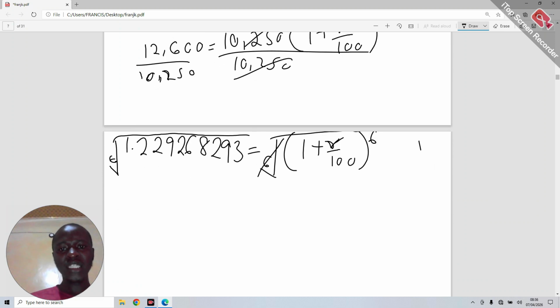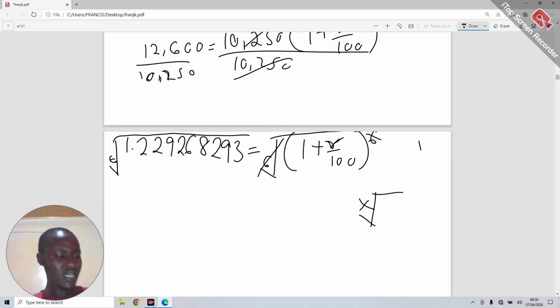Remember, this sixth root will go away with the power 6. Alright, guys. So how do I press that sixth root in my calculator? You press 6, shift, then there's this symbol in your calculator. If you observe keenly, there's that symbol. Then press the whole of this in your calculator.